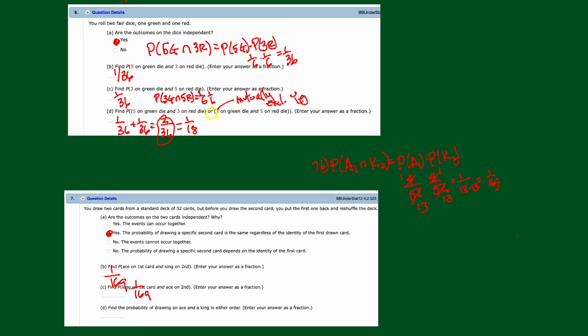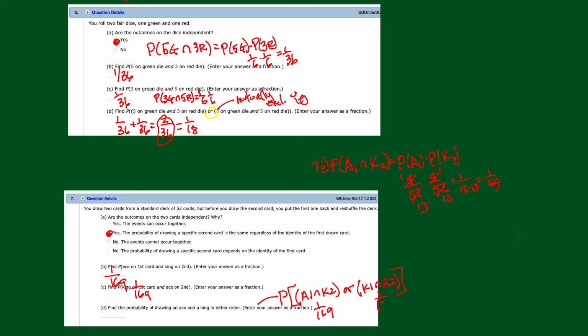Find the probability of drawing an ace and a king in either order. All right, so when it says either order, what you're thinking is you could get an ace on the first and a king on the second, or you could get a king on the first and an ace on the second. That's the way you can get that. Now, we just found this one to be 1 over 169.